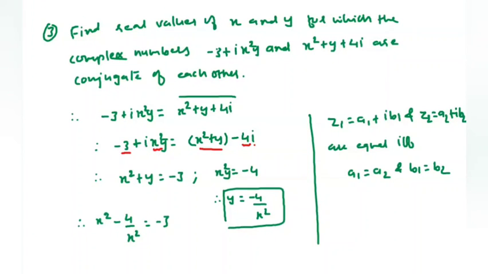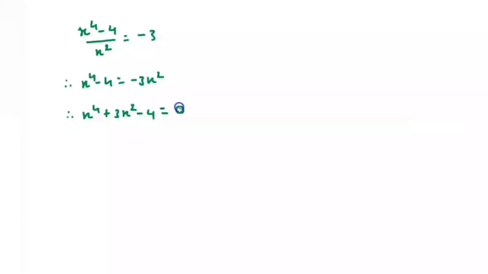Okay, x raised to 4 minus 4 upon x square is equal to -3. Therefore x raised to 4 minus 4 is equal to -3x square. Therefore x raised to 4 plus 3x square minus 4 is equal to 0.